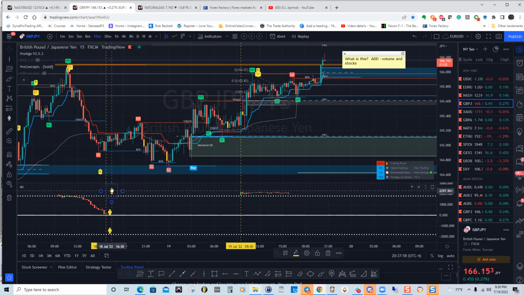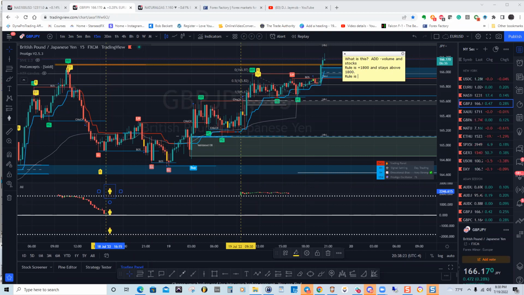So what happened? Here's the rule. If a candle opens up above 1800 and stays above 1800, you're bullish for the day. All right.